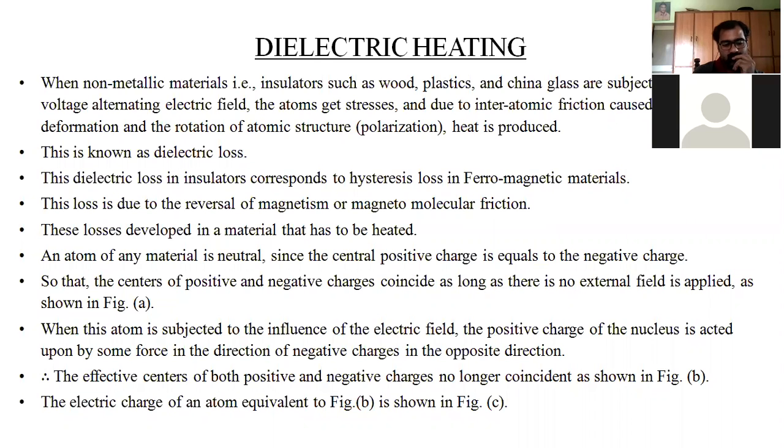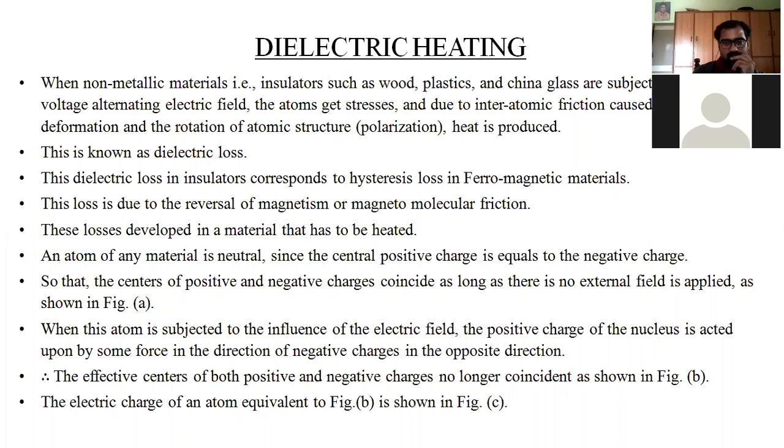When we place magnetic materials instead of non-magnetic materials, the hysteresis loss is added in addition to it. Just as the hysteresis loss occurs in ferromagnetic materials, the dielectric loss occurs in the insulators.